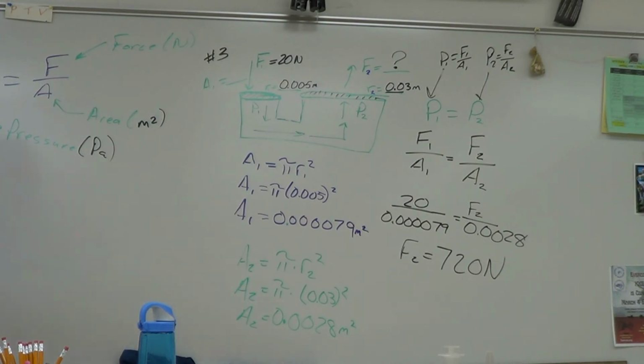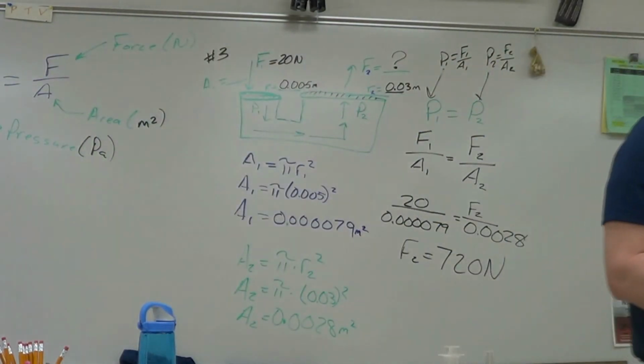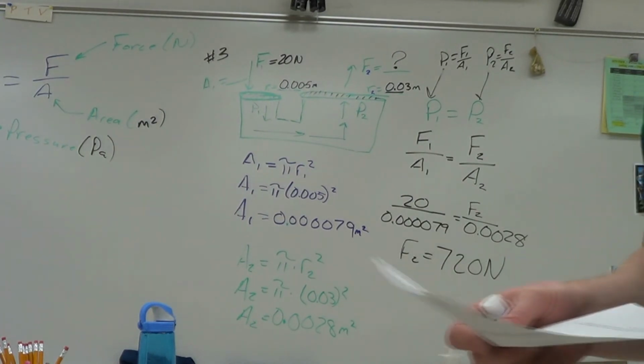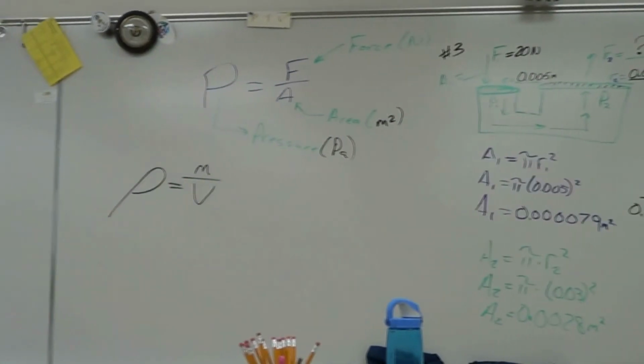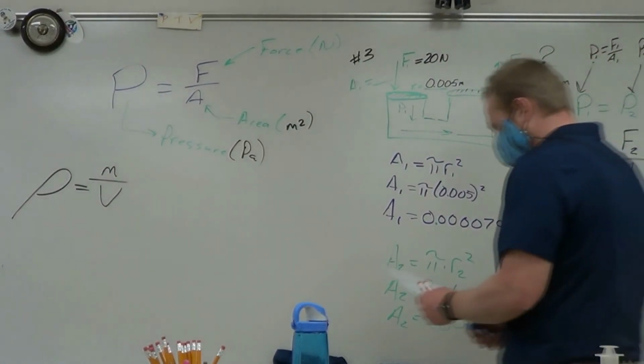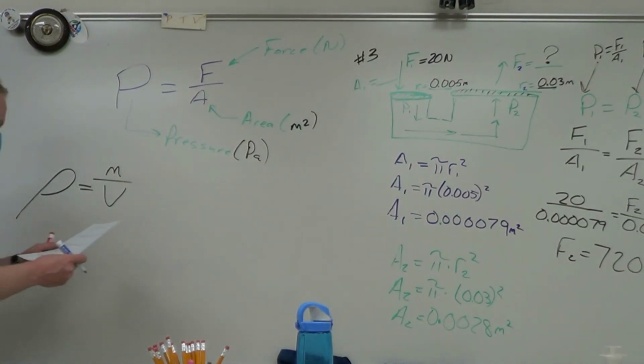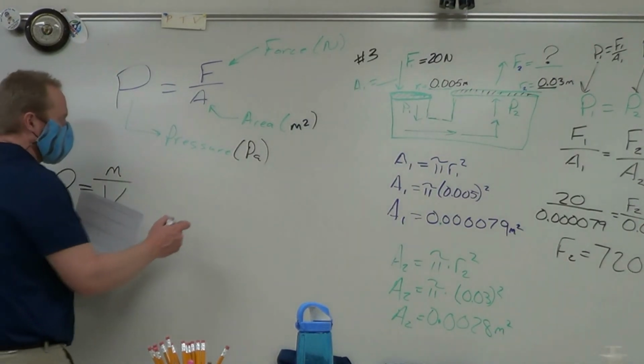So if we take a look at question number 4 on the worksheet, called In Class Pressure, Density, Pressure at Depth. It says, what is the mass of a metal block that has a density of 7,700 kilograms and dimensions of 0.5 meters by 0.2 meters and 0.5 meters?